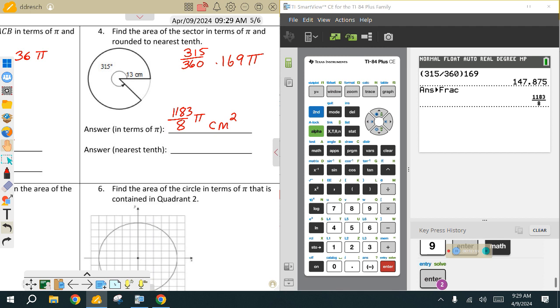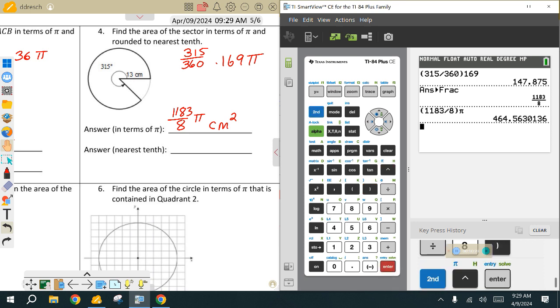Nearest tenth again. 1183 over 8 pi, nearest tenth: 464.6 centimeters squared. Thanks, Brett. Nothing crazy. Find me a fraction of the area. Now let's take a look at the next one here.